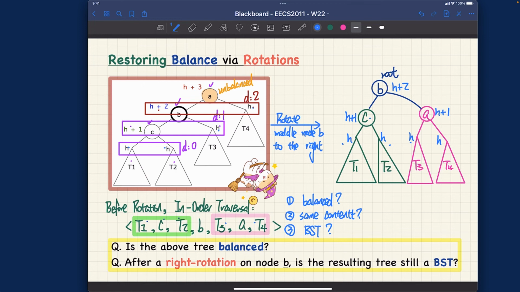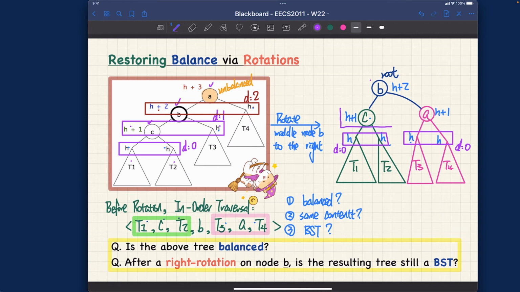It's magical. Number one, is it balanced? Indeed. Because if you try to look at this part over here, the C over here is balanced because H and H, the difference is simply 0. Symmetrically, node A is also balanced because H and H is 0 difference. What about node B? It used to be out of balance, right?